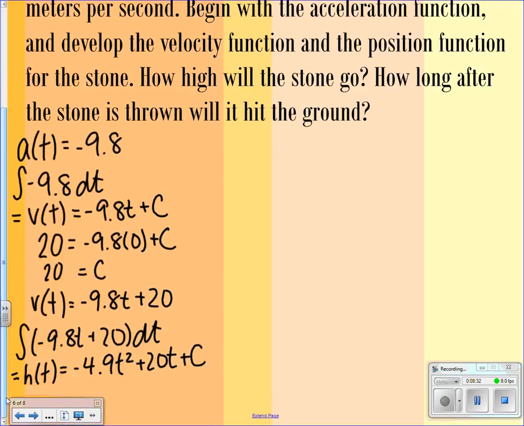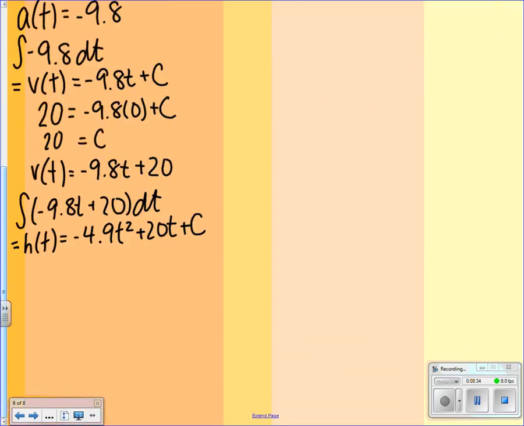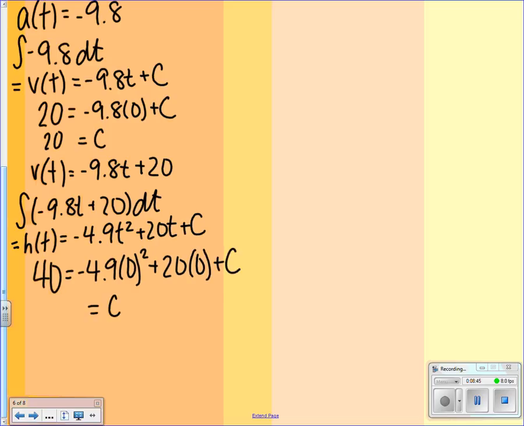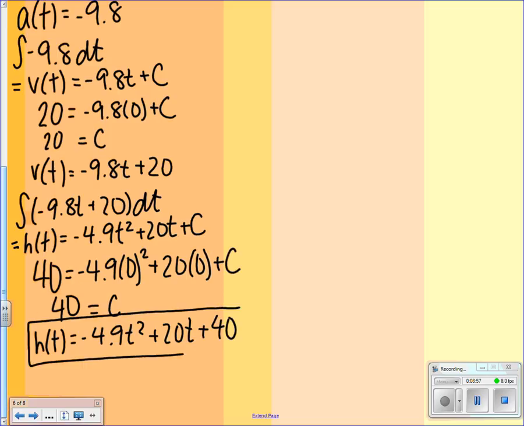So our height here is 40, and our time is 0, because that was at the very beginning of the problem. So that means that our c has to be 40. So our height function is negative 4.9 t squared plus 20t plus 40. So that's your height function there.